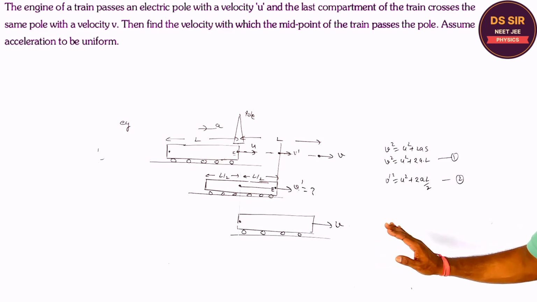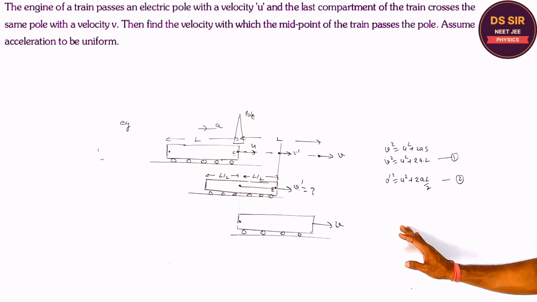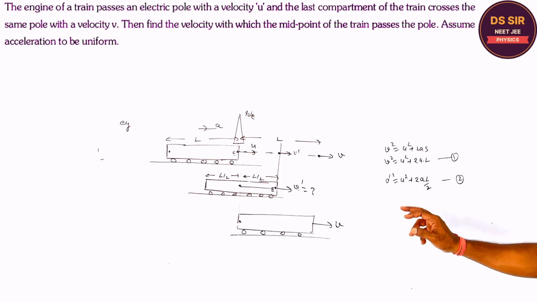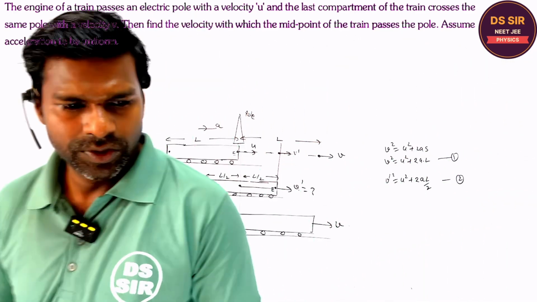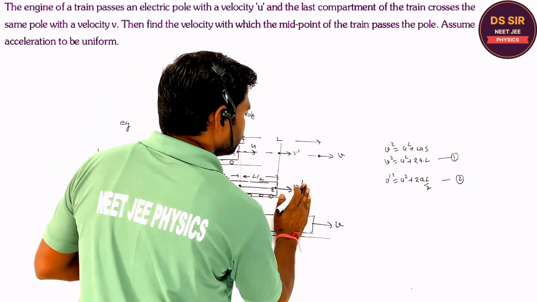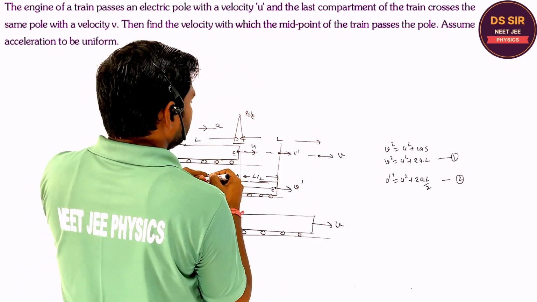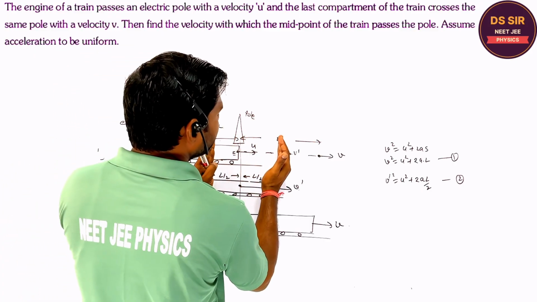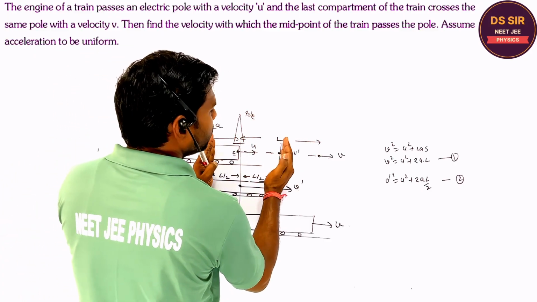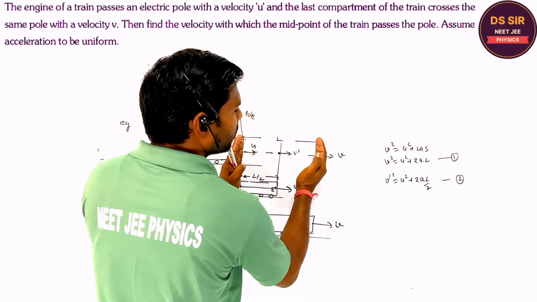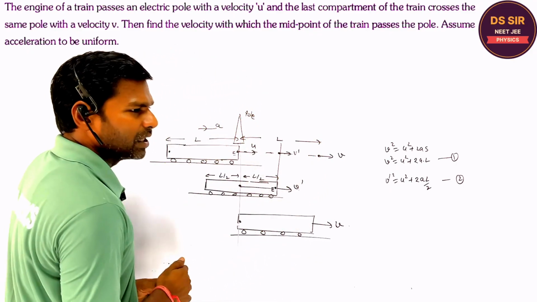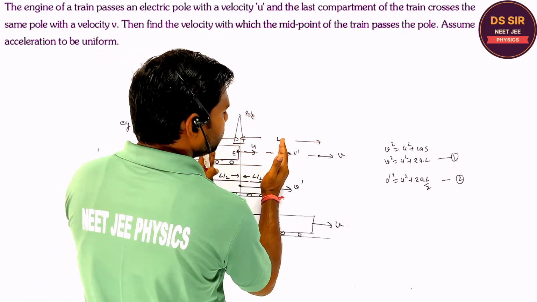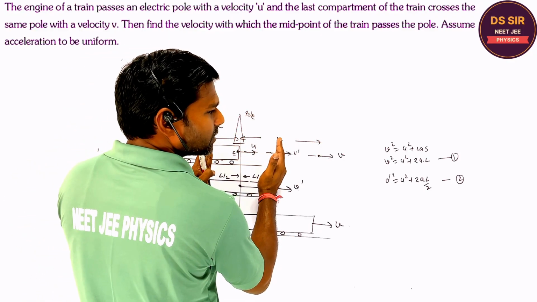Any doubt, I can explain once again. No, not 0. Listen, the car is this only. This is the train, it is moving like this. When it reaches this point, its velocity becomes v dash. When it reaches here, the velocity becomes v.